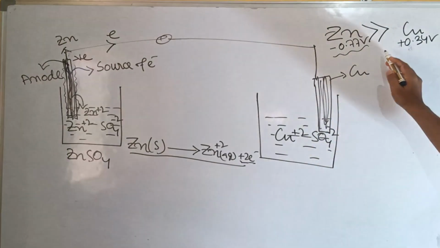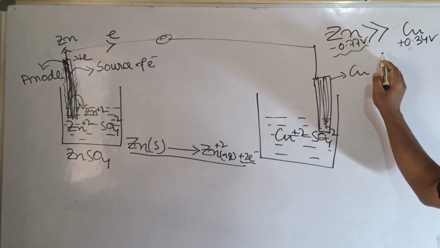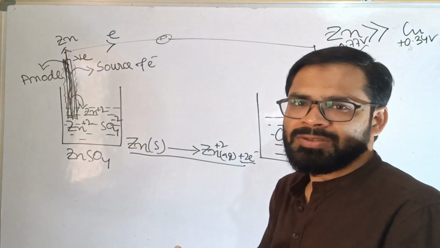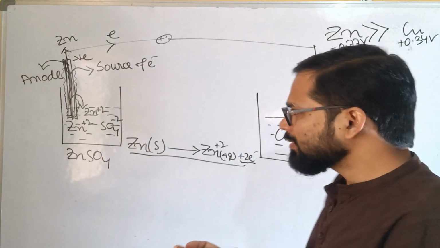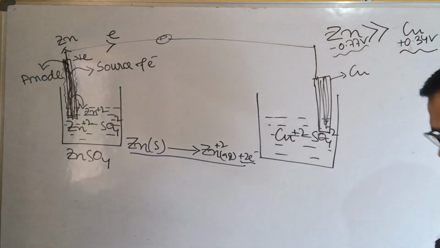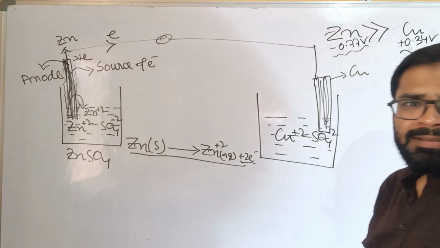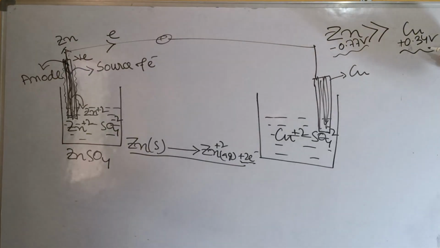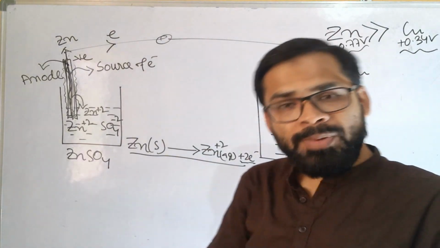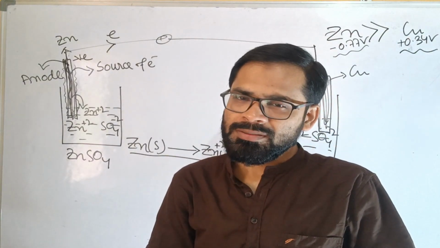The reduction potential value says which one will be the anode and which one will be the cathode. These are relative things. If we consider another electrode that is more positive as compared to copper, then at that time we have to consider copper as the anode.